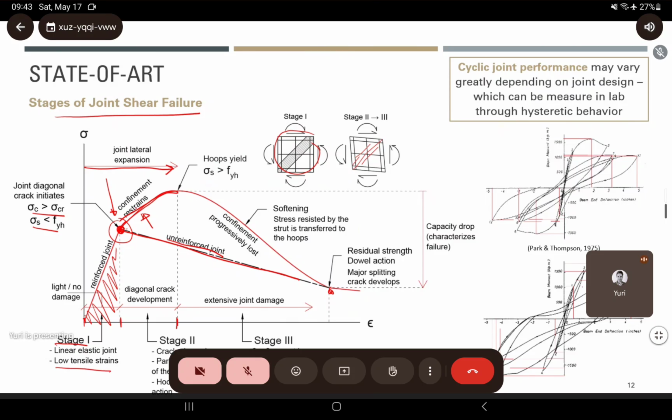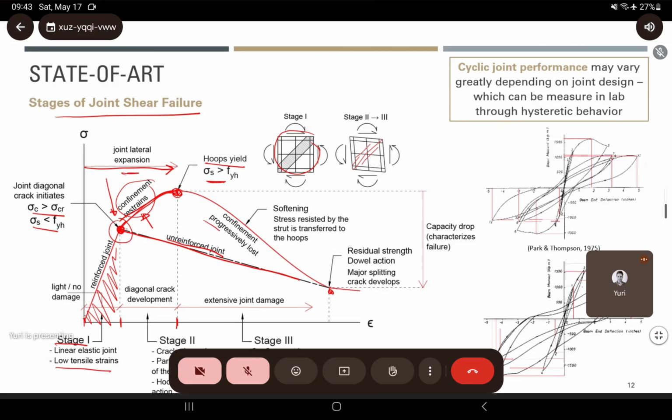And the reinforced joint, on the other hand, whenever you have the expansion, you have confinement restraints until these reinforcements yield. When the stresses are bigger than the stress resisted by the hoops, they tend to yield. And when they are yielding, you lose resistance from both the strut and truss.